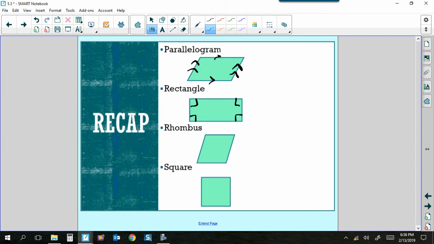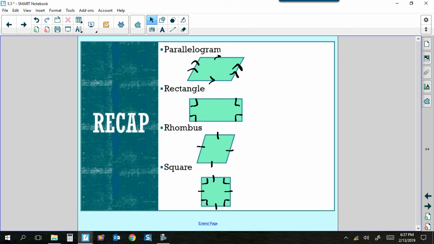All right. To be a rhombus, you would need to show that you have 4 congruent sides. So again, that would fall under the distance formula category. And then lastly, to be a square, as I just previously discussed, you'd have to have those opposite reciprocal slopes to show you have 4 right angles. And you'd have to use distance formula to show that you have 4 congruent sides. All of these are methods that you can use to prove that you have these. Another one for a square, you could use the diagonals.